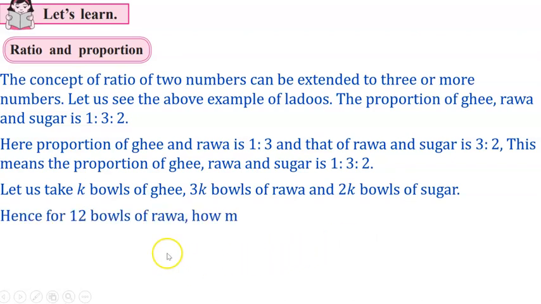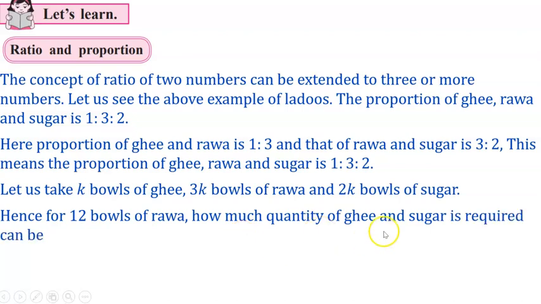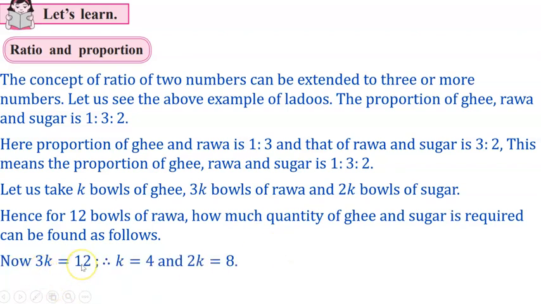Hence, for 12 bowls of rava, how much quantity of ghee and sugar is required can be found as follows. Now 3k = 12 again. Therefore, k = 12 upon 3, which means k = 4. Therefore, here 2k = 8.